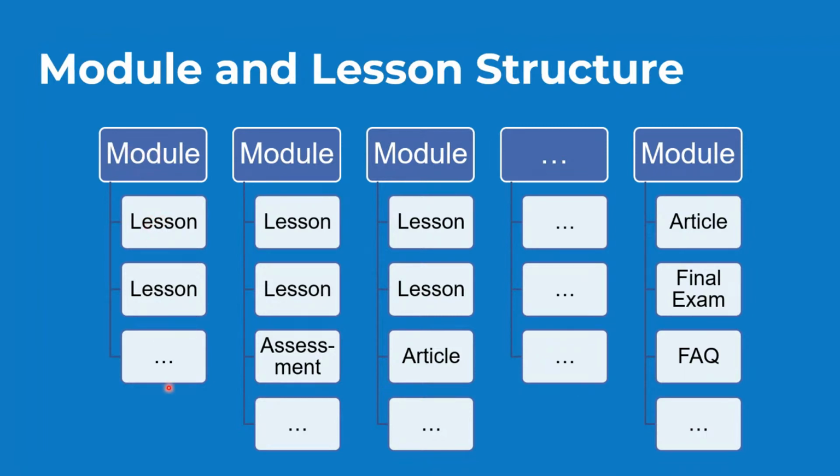And in some modules, we not only have lessons, we also have an assessment in one, we have articles in others, we have a final exam, we have FAQs, but generally speaking, most of the modules will consist of a module, a high level chapter, and then lessons that you are going to have to watch.